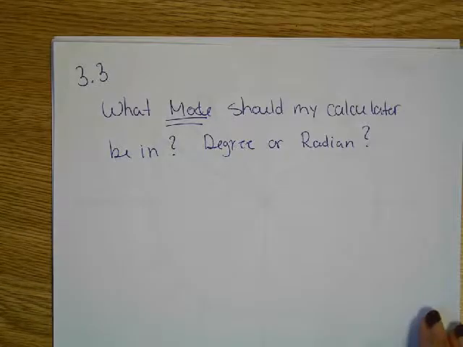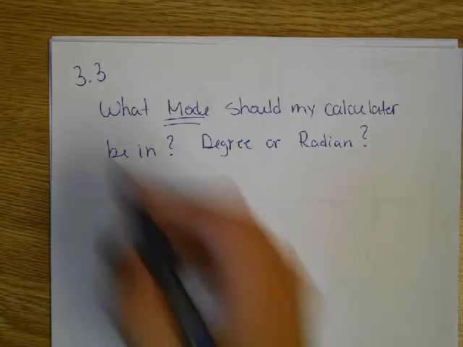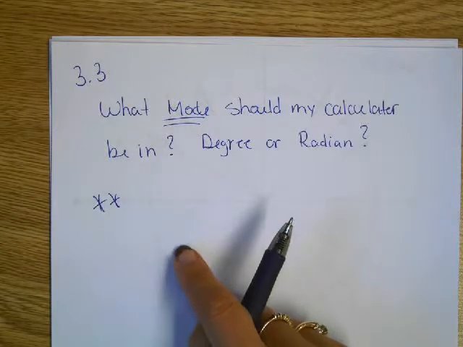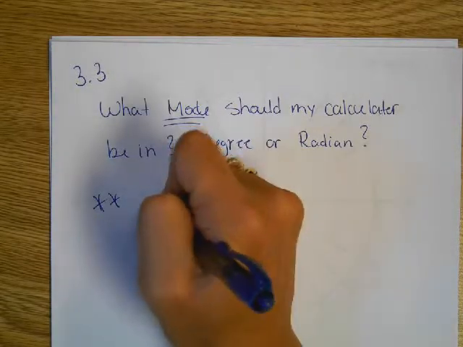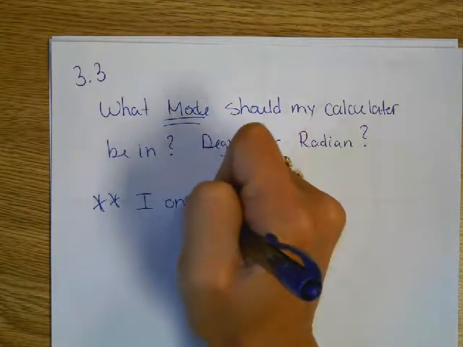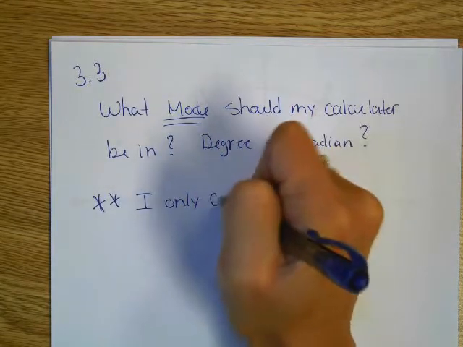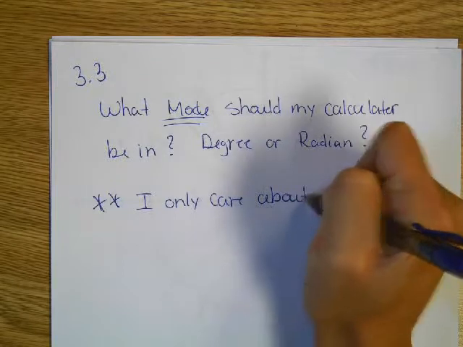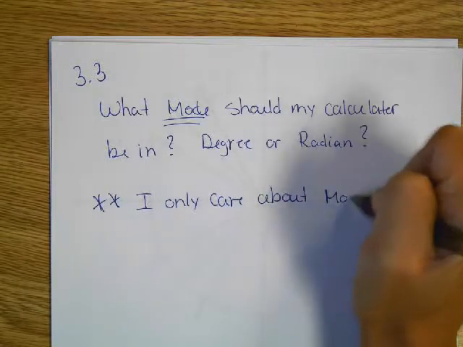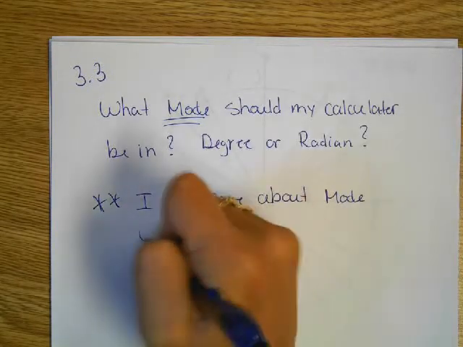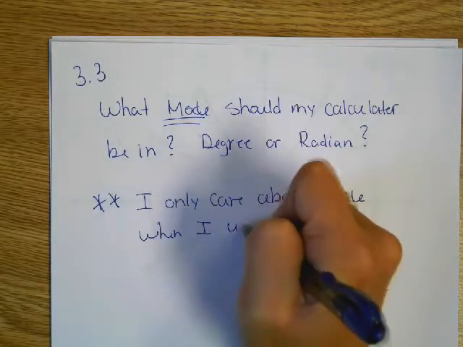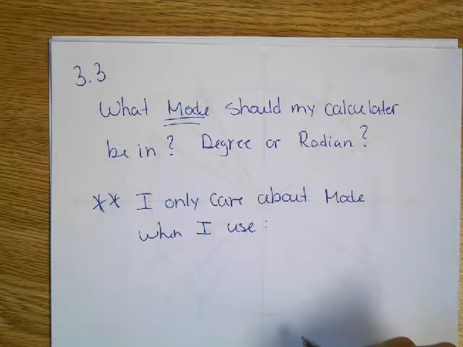Well, first of all, there's only 4 times when you actually care about the mode that it's in. If you're not going to touch these buttons, it doesn't matter. So, I only care about mode when I use these buttons.